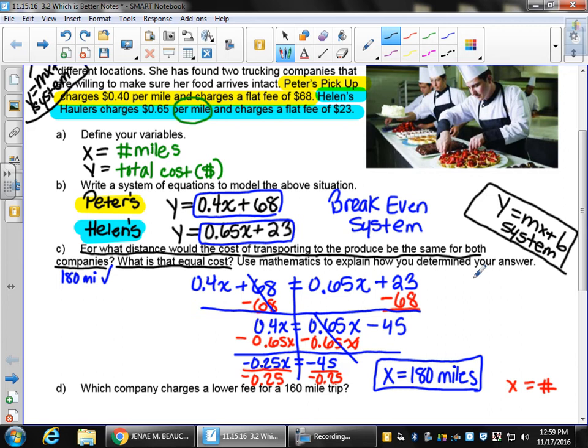I choose the first one. So y equals 0.4x plus 68. 0.4 times that 180 we just found for x, plus 68. 0.4 times 180 is 72, plus 68 equals 140.